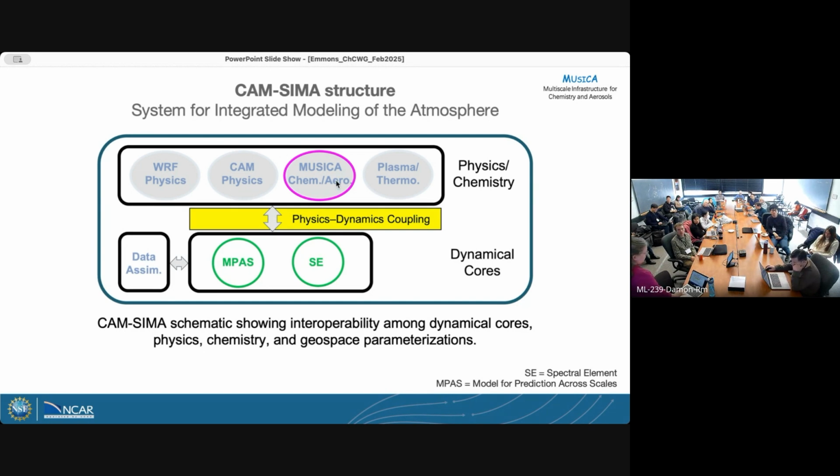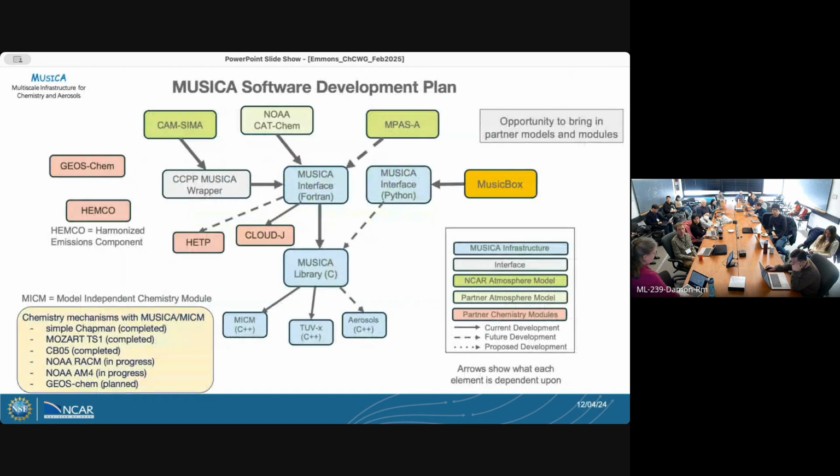Musica incorporates gas phase chemistry and aerosols. We're hoping that this will really allow us to swap different parameterizations in physics and chemistry. So this is the current status of the Musica software development.